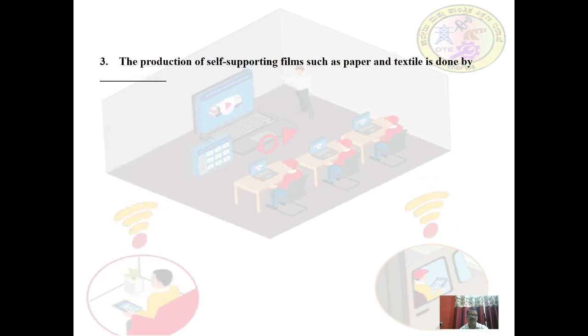Question number 3. The production of self-supporting film such as paper, textile is done by dash. Options are A, dipping, B, foaming, C, casting, and D, coating. Right answer is option D, coating.